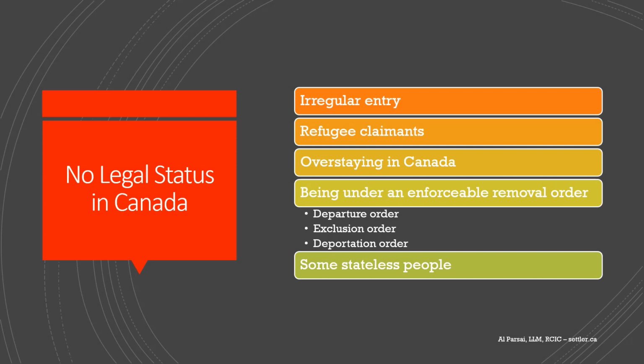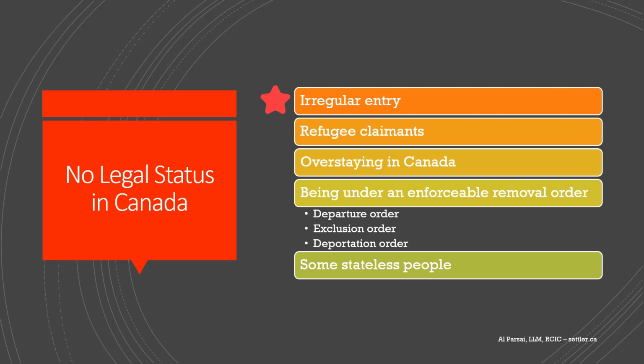To clarify matters, let's also look at the question of who does not have legal status in Canada. And here I have some examples. One example would be most of the people who enter Canada irregularly.